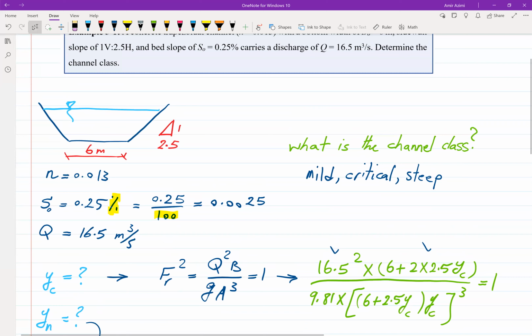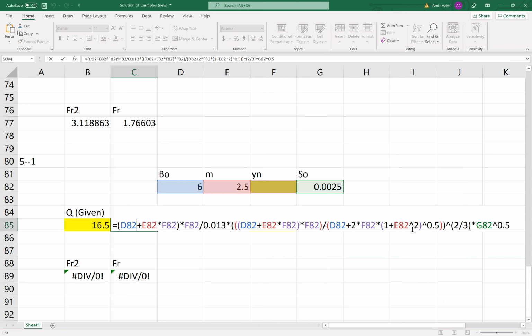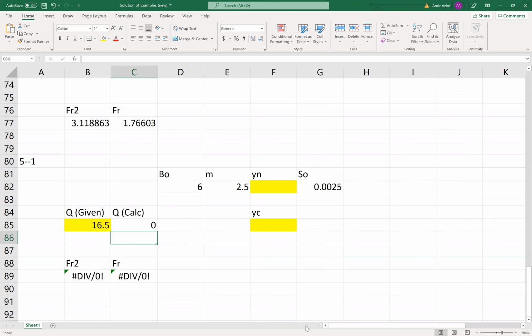Okay, so we use Excel. In Excel, I developed the equation for the Froude number and for Manning's equation.